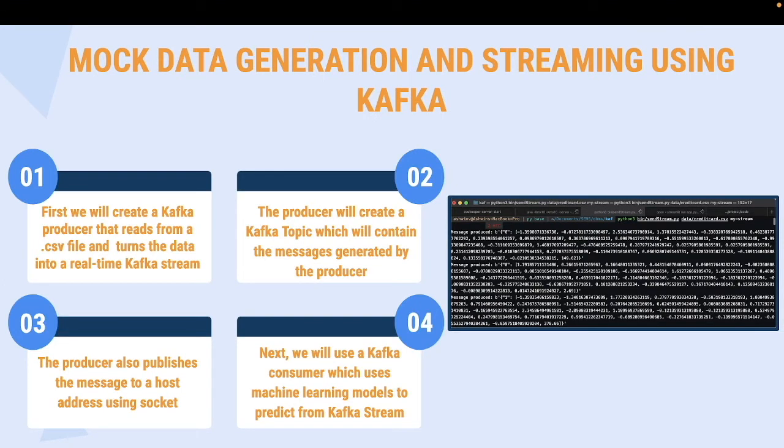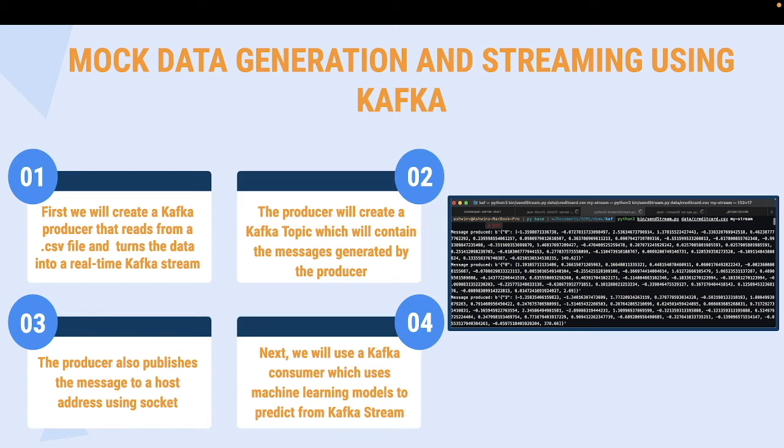These are the different steps involved in the generation of real-time streams of data using Kafka. First, we will create a Kafka producer that reads from a .csv file and then turns the data into a real-time Kafka stream. The producer will create a Kafka topic which will contain the messages generated by the producer.